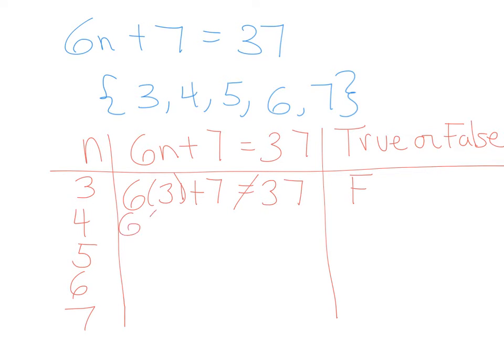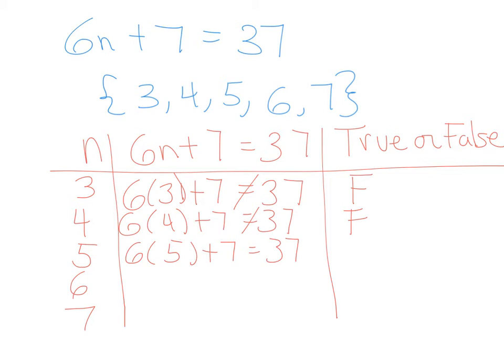Then we'll try our next value with 4. We'll have 6 times 4 plus 7 is equal to 37. 6 times 4 is 24, plus 7 is 31. That's not equal to 37. That is also false. We'll try 5. 6 times 5 plus 7 is equal to 37.